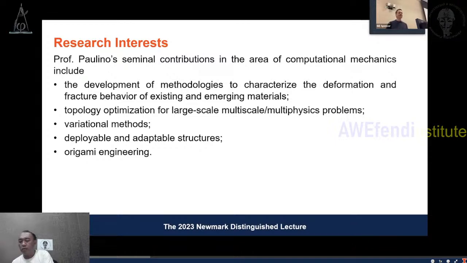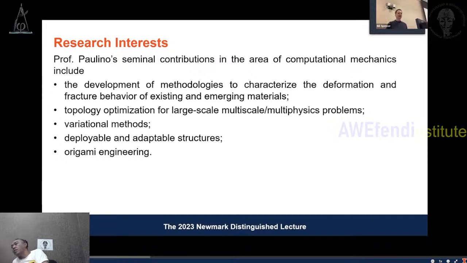Professor Paulino has seminal contributions in so many different fields. As a matter of fact, it was difficult for him to decide what he was going to present here to our group today, from things ranging from the development of methodologies to characterize the deformation and fracture behavior of existing and emerging materials, topology optimization for large-scale, multi-scale, multi-physics problems.